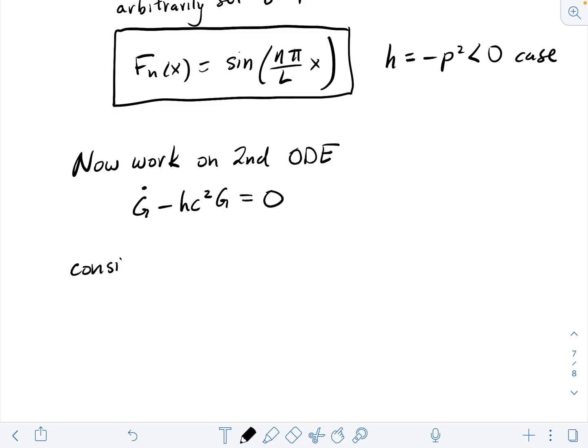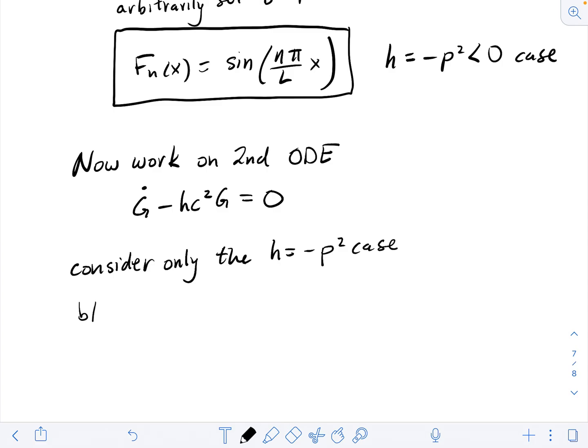And we're going to think about only the h is equal to minus p squared case.